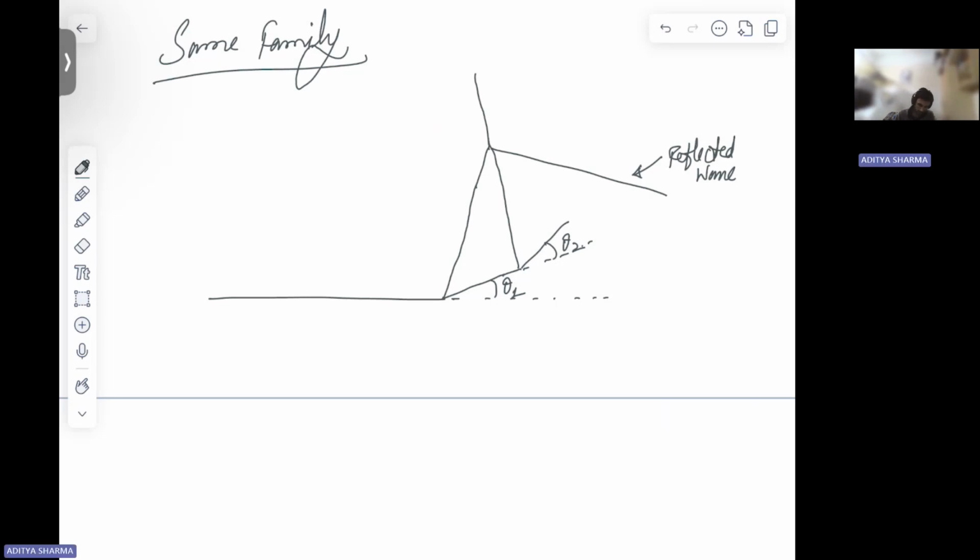So this is your first oblique shock, this is your second oblique shock, and this is your reflected wave. So here your flow will go like this. Okay. Here you will have a slip line.